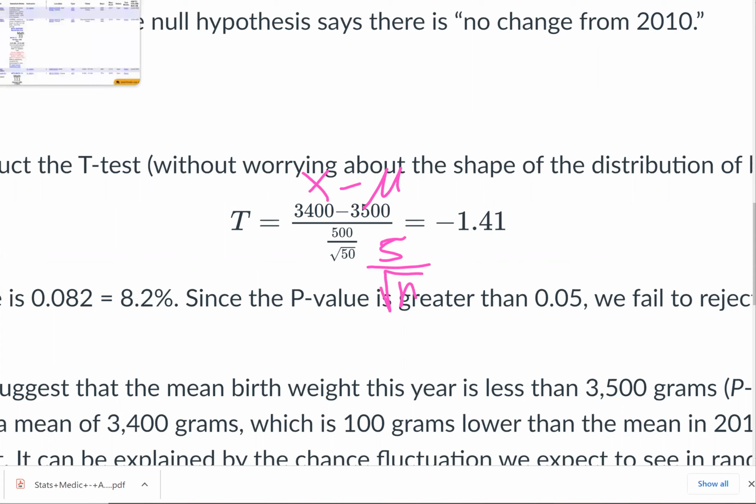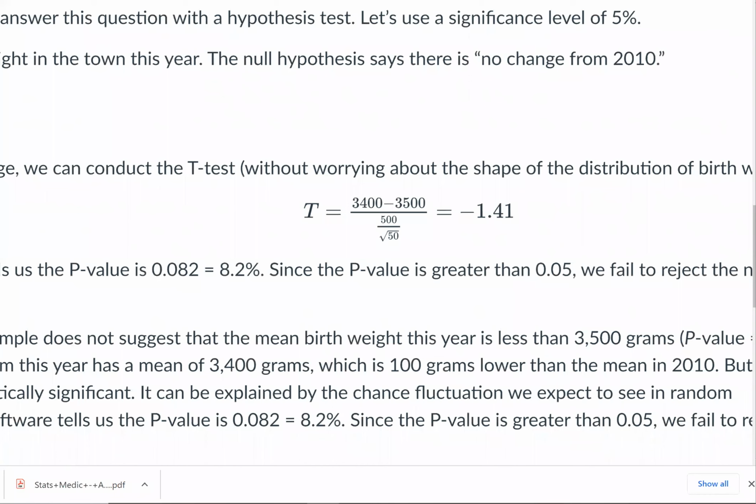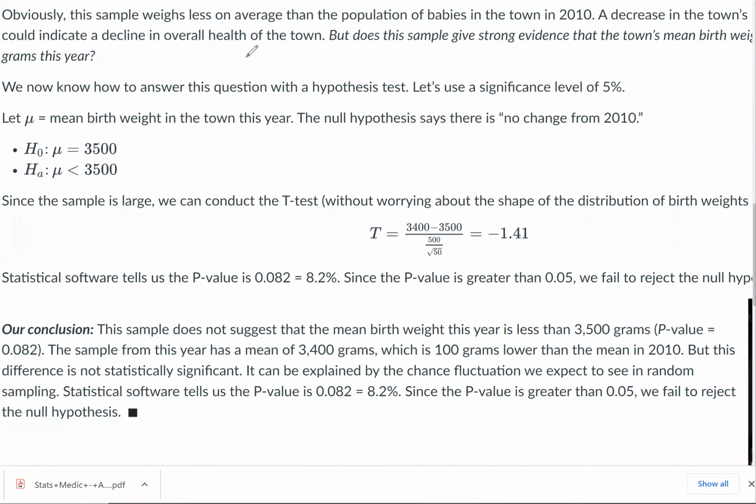So we take the sample mean 3,400 for this current year minus the old mean 3,500, divided by the sample standard deviation of 500 divided by the square root of 50, because that's the n value. We get negative 1.41. We'll use that now to calculate a p-value, with either an applet or a calculator, or sometimes there's a table of values. Statistical software tells us the p-value is 0.082, or 8.2%.